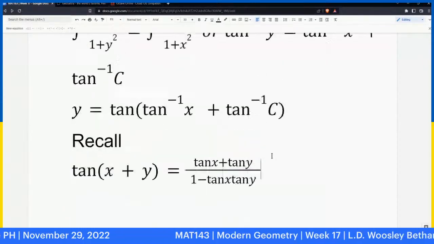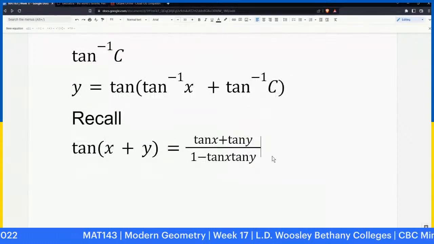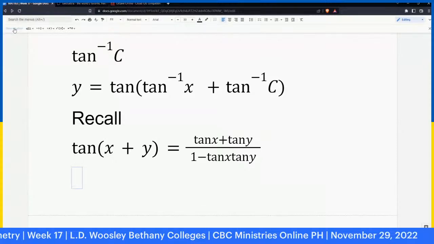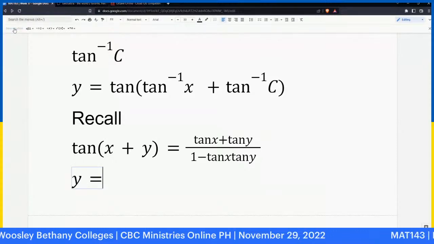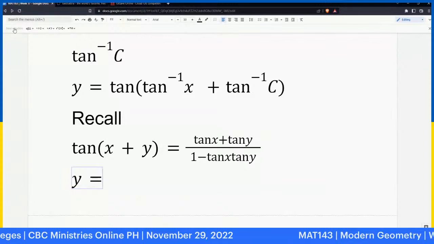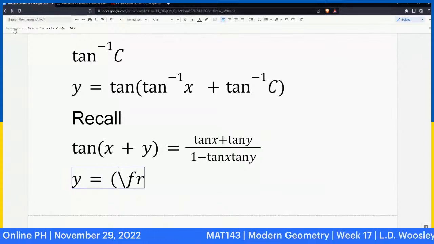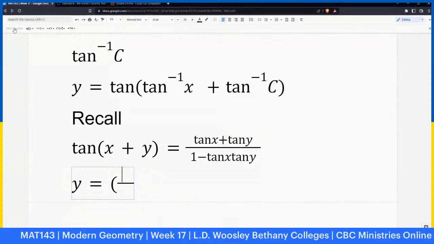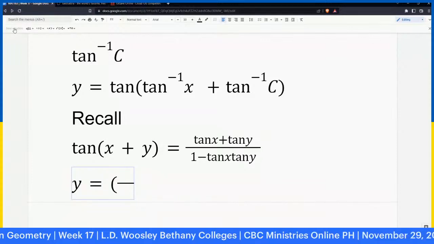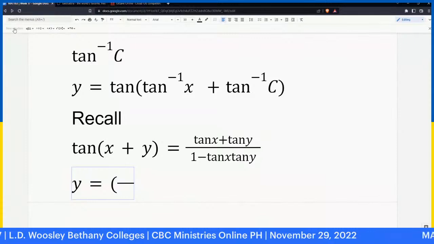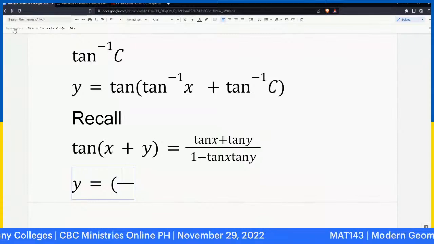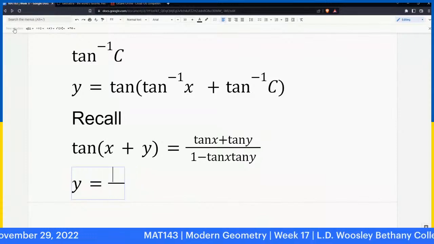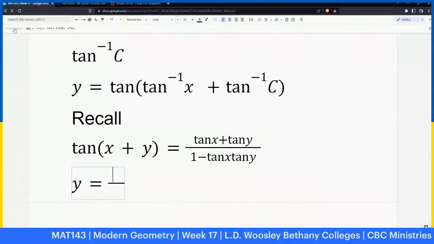Substitute natin. y is equal to tangent of arctangent of x. What's the answer, Bella?